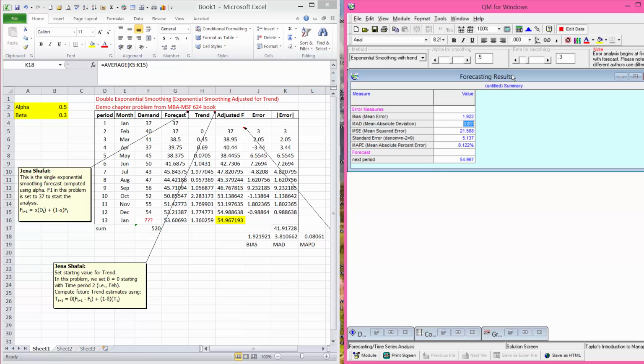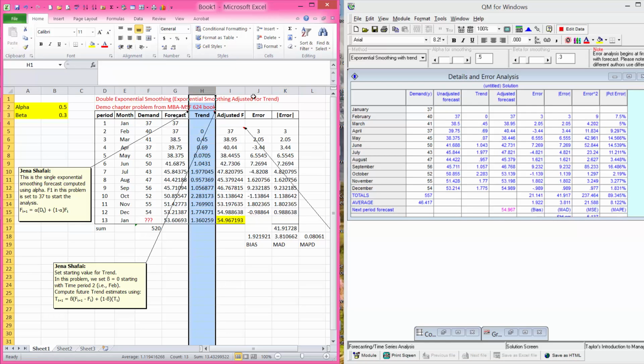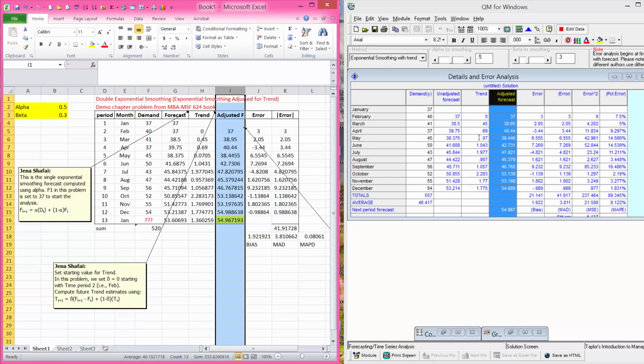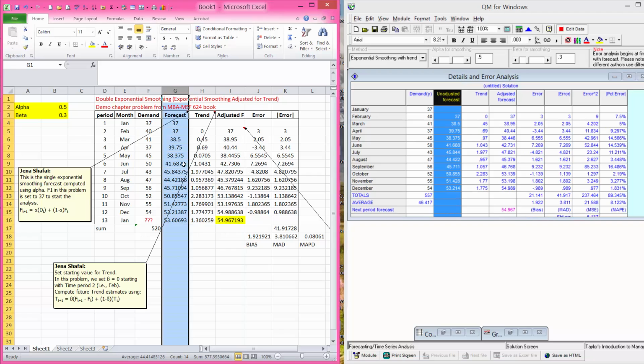I can go to Window, Details and Error Analysis, and you have the trend column right here. You have the adjusted forecast column, which is this adjusted forecast column right here. You have the unadjusted, which is this single exponential column here. So that's how you can go back and forth between the two.